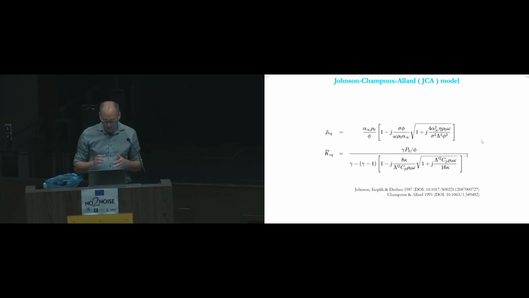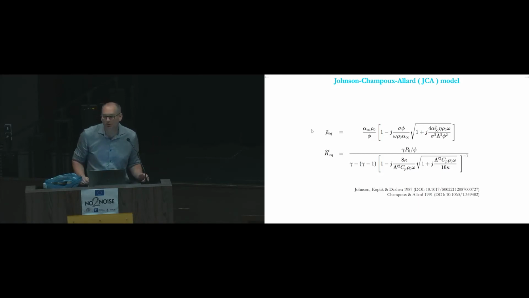And then there was a work, 4 years later, by Champoux and Allard, who just applied the same thing. So the same miracle occurs, but for thermal effects. They said, okay, Johnson, Koplik, and Dashen use a miracle function for rho, as it seems to work.